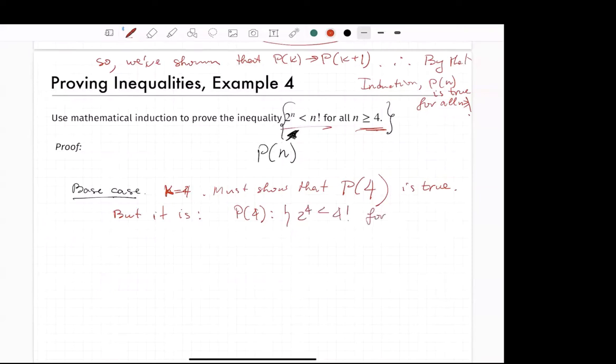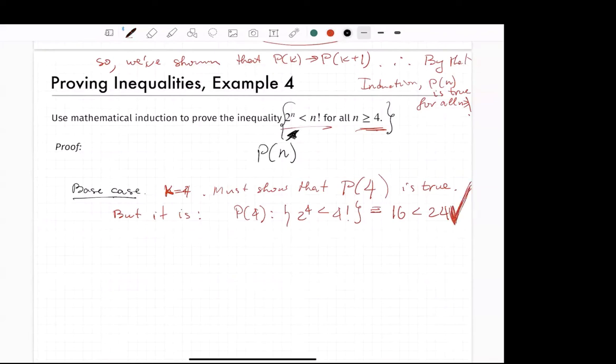Okay, that's what it says. You already plugged k in there. Is that true? Yeah. Okay, this is 16, less than 24. So that checks out. That's a check mark. Okay, not part of the proof.